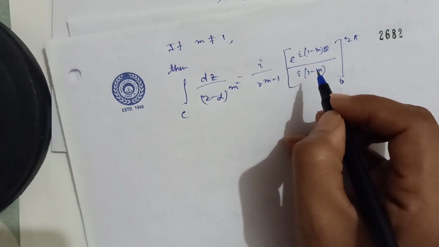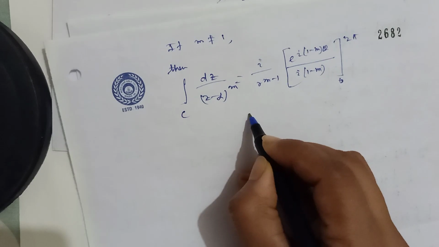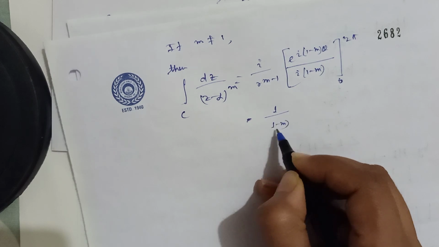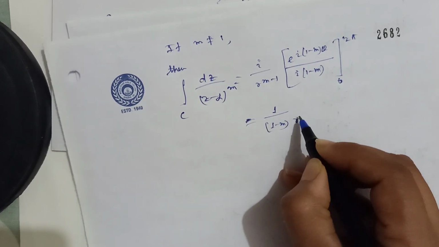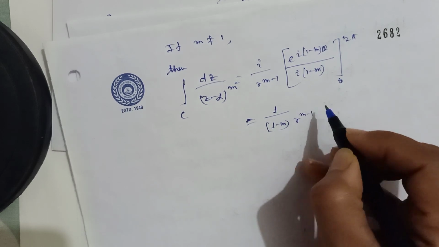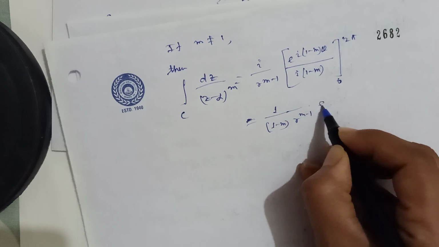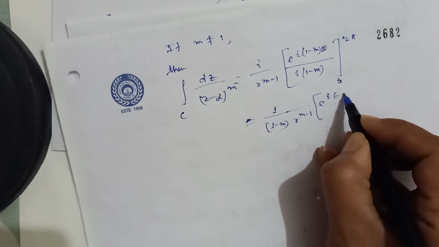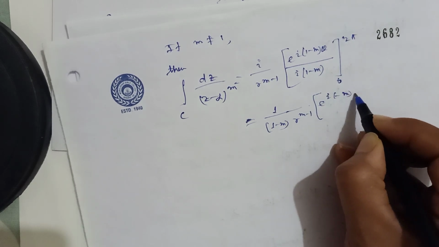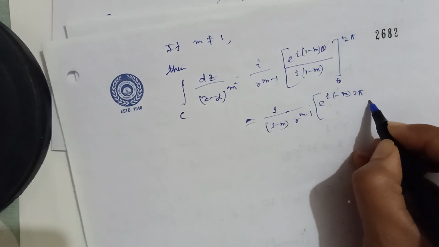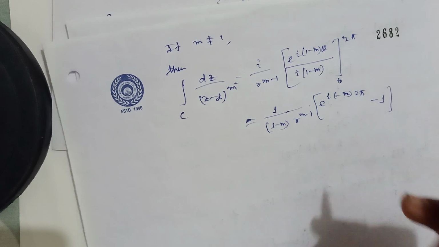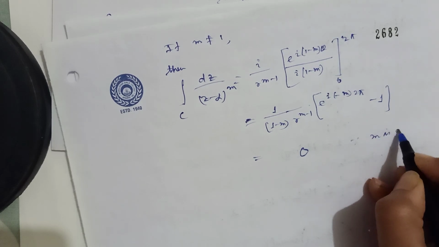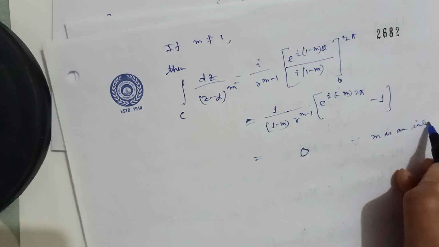Okay, so that is equal to 1 by (1 minus m) r to the power m minus 1, times (e to the power i(1 minus m) 2 pi minus 1), that is equal to 0, since m is an integer.